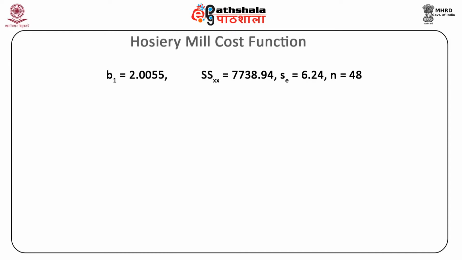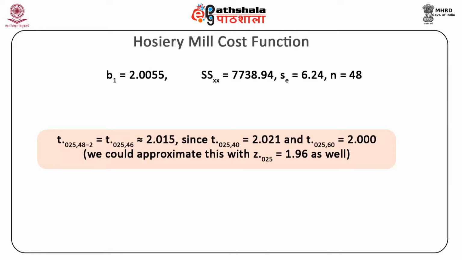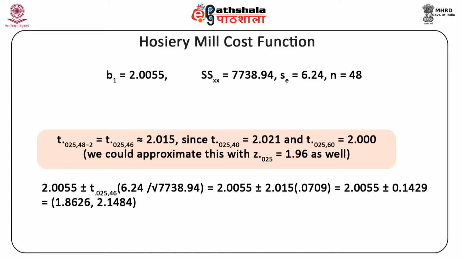We can similarly substitute all these values and find that the confidence interval comes out to be 2.0055 plus minus t 0.025 with degrees of freedom 46 into 6.24 divided by under root of 7738.94. Now this is equal to 2.0055 plus minus 2.015 into 0.0709. And on simplification, we get this equal to 2.0055 plus minus 0.1429.